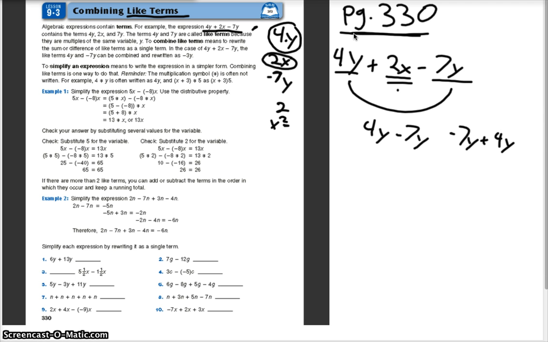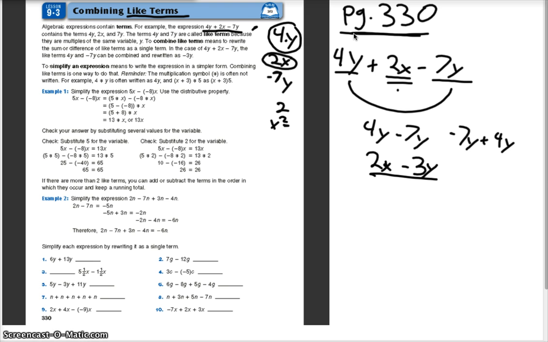We can combine them together to simplify it, and 4 minus 7 or negative 7 plus 4 gives us negative 3, and then the y tags along. So now we've shortened our expression, and we have 2x minus 3y. And that's simplified. We can't break it down anymore.